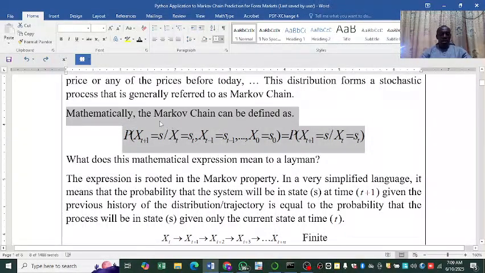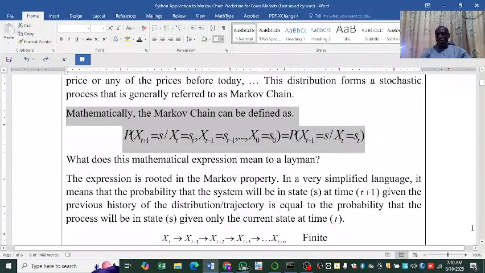It means that the probability that the system will be in state X at time t plus 1, given the historical antecedents, is equal to the probability that the system will be in state X at time t plus 1, given the current antecedent, the current event. The system here can be a market, an economy, or even an institution.